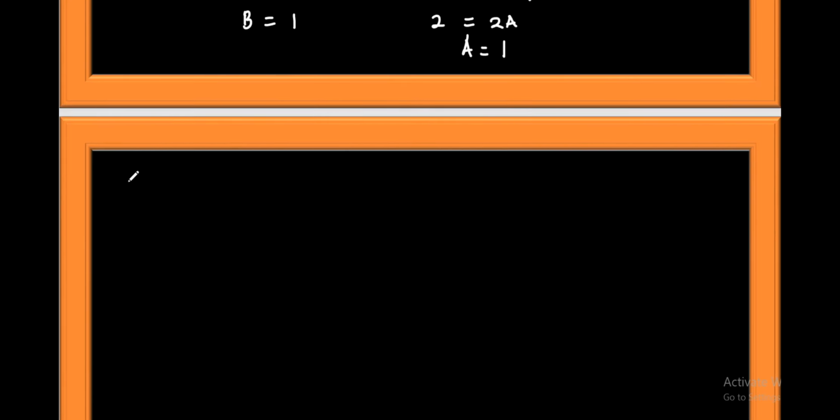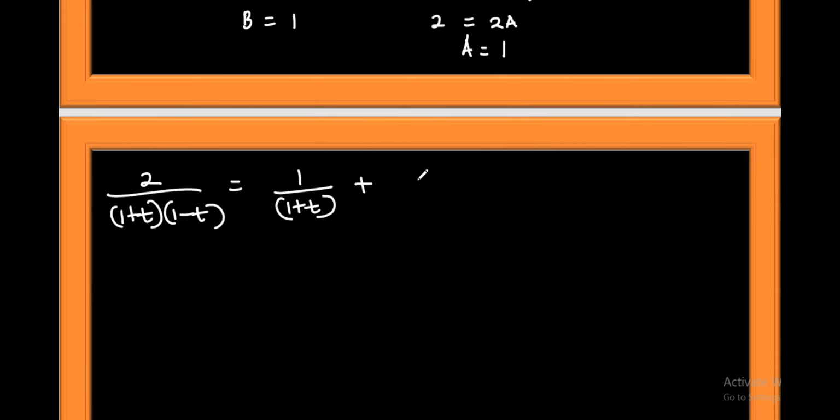That means we can now conclude that 2 divided by (1 plus t) into (1 minus t) is equal to 1 out of 1 plus t plus 1 out of 1 minus t.